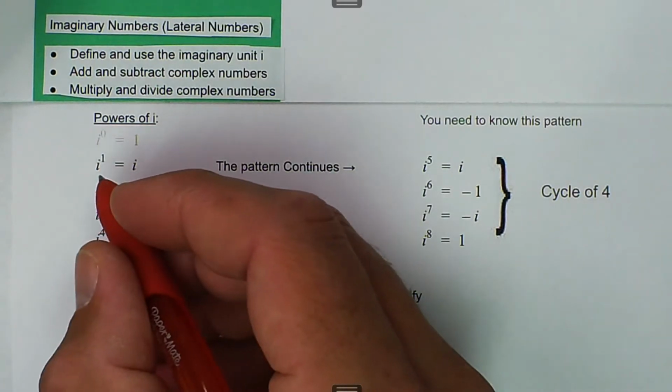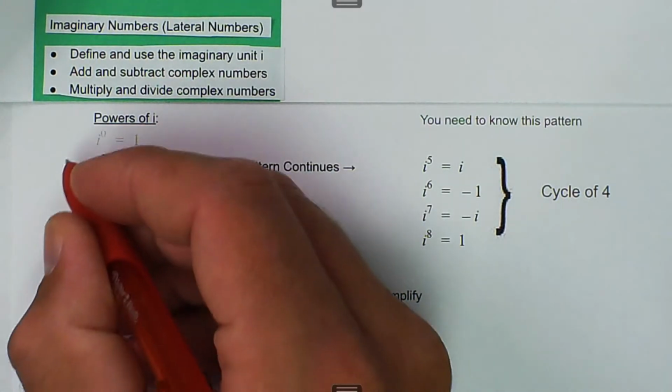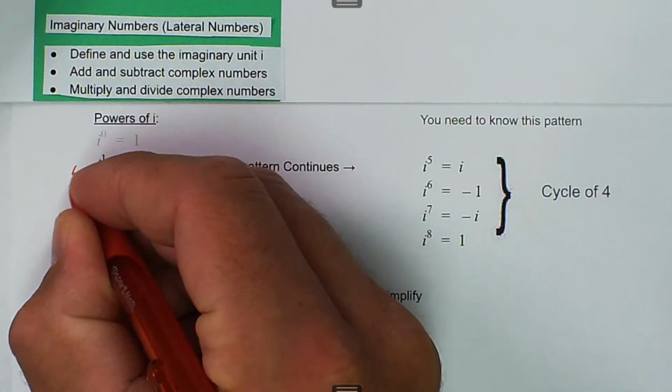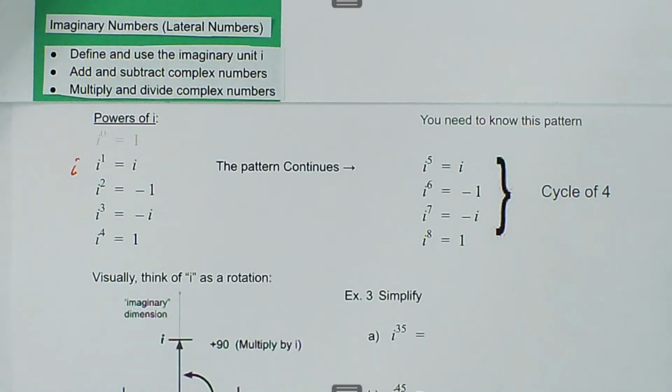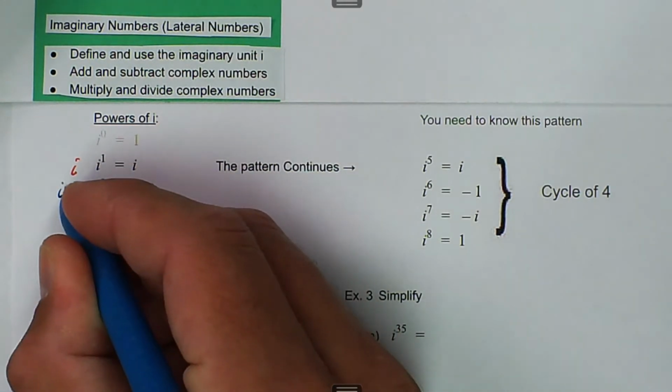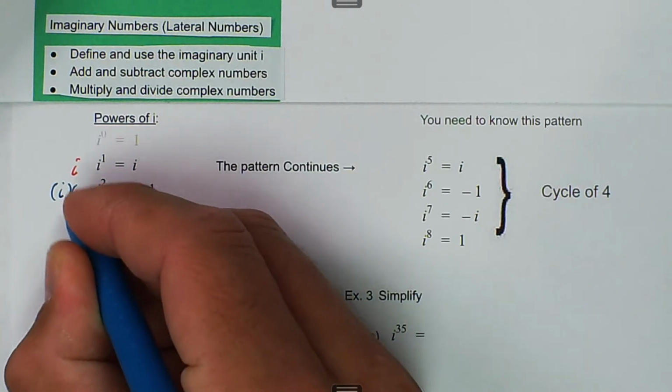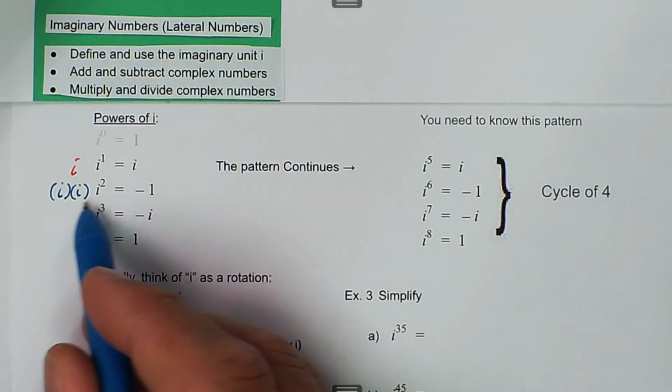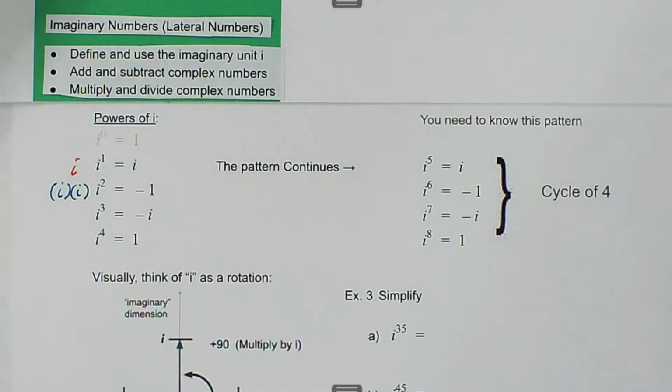So here we have, this one would just be written as i, right? i to the first is i. Next one here we have i times i. i squared is -1.